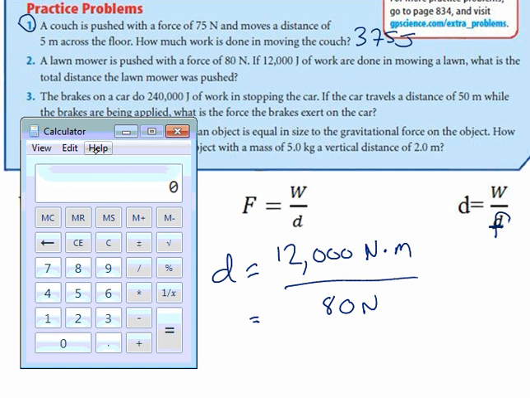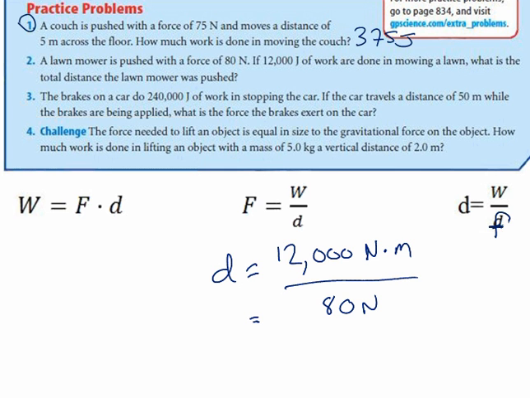We take the calculator, we type in 12,000 divided by 80 newtons to give us a distance of 150 meters. Now, newtons in the numerator and the denominator cancel out, just giving us the distance of 150 meters.